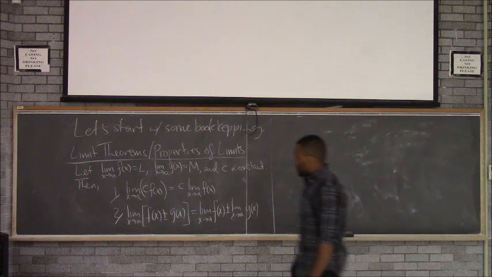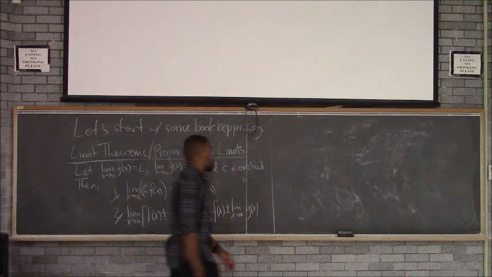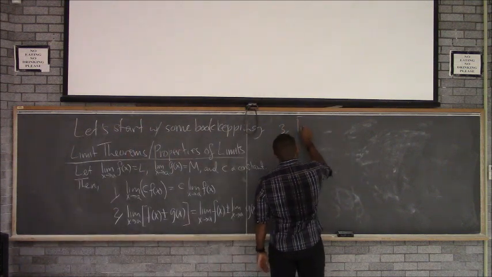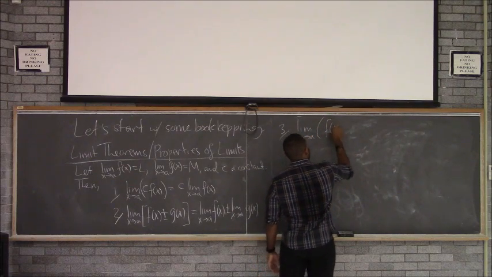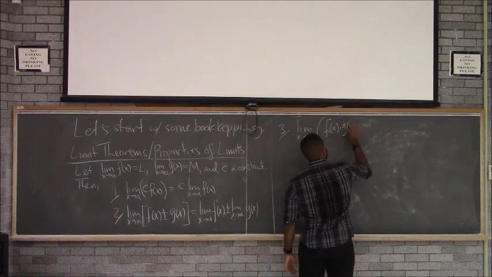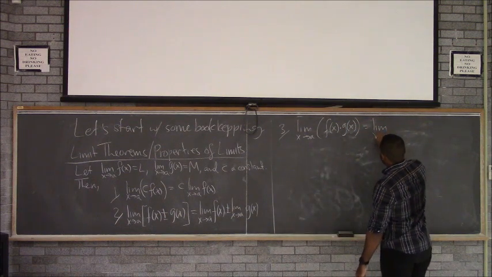Now, limits distribute across sums. It's also pretty neat that they also distribute across products. So if I have the limit of a product of functions, this is going to be the product of the limits.